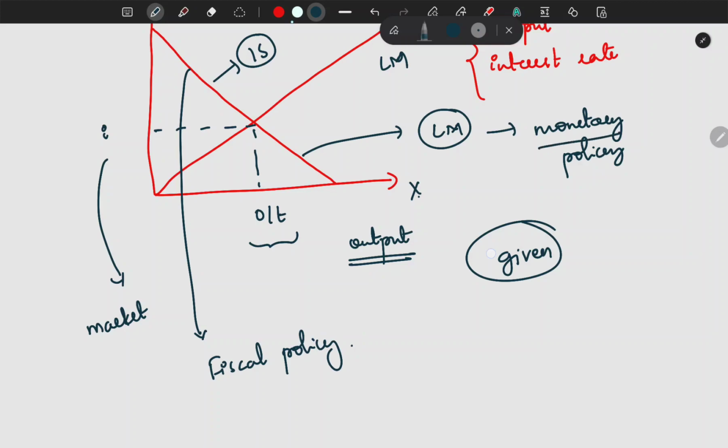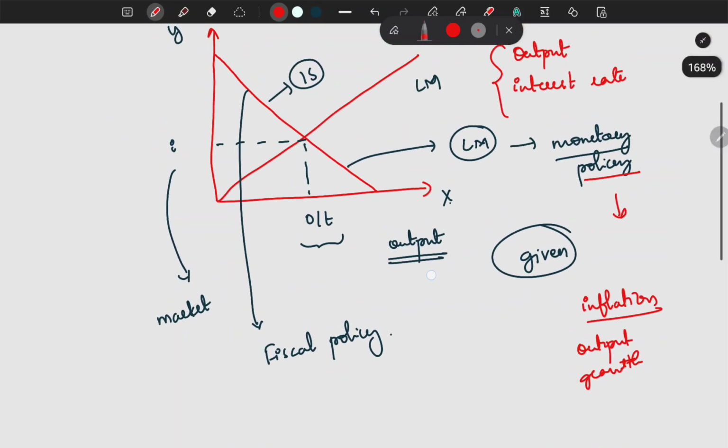And in monetary policy, the involvement of central banks, basically the RBI in India and the Federal Reserve in the USA. These kinds of government bodies are involved in maintaining inflation and output growth in the economy.